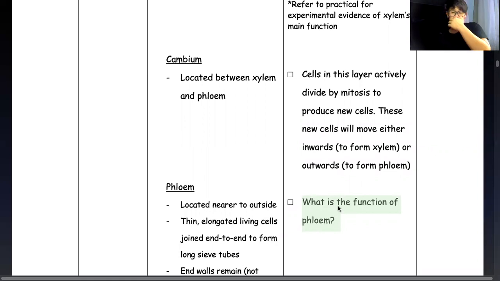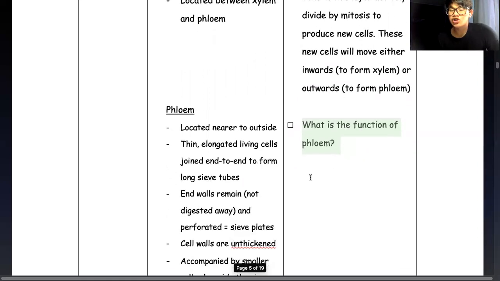Okay, kamu tulis arah sini, functionnya is to transport or translocate manufactured organic food substances from source, i.e. leaves, photosynthesizing leaves, into sink, i.e. storage.